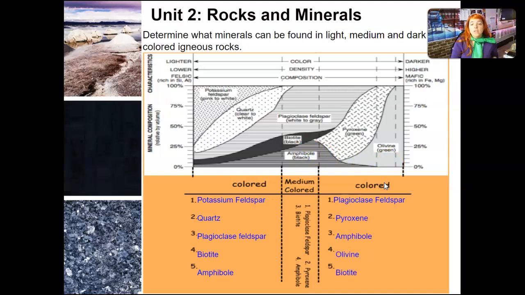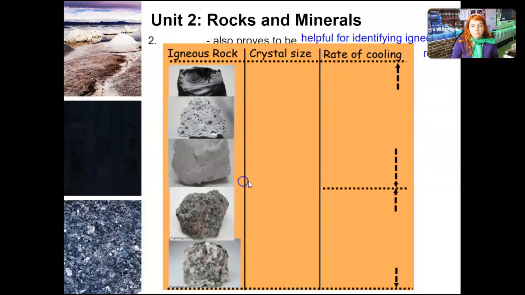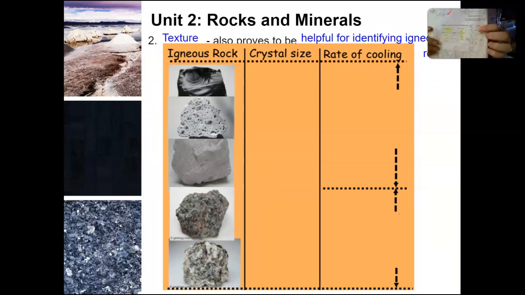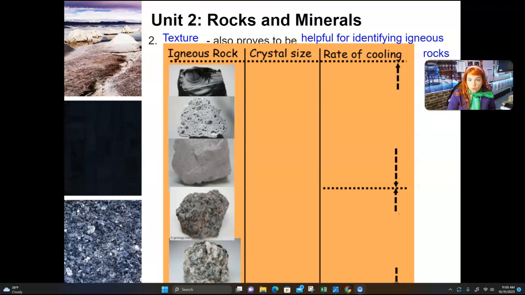Olivine tends to be green, so you're going to have the greener here and the lighter pinker over here. All right, so texture, which you're going to see right here. There's your texture up here where my finger is. It provides helpful identifying of igneous rocks.